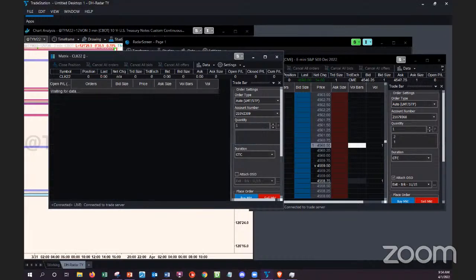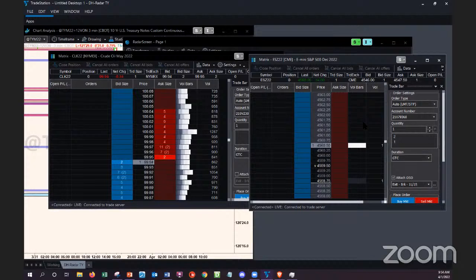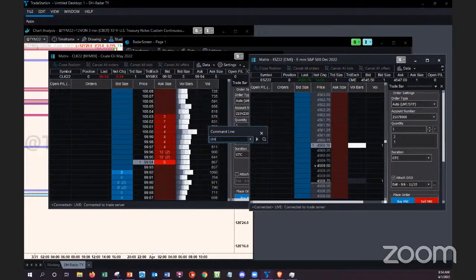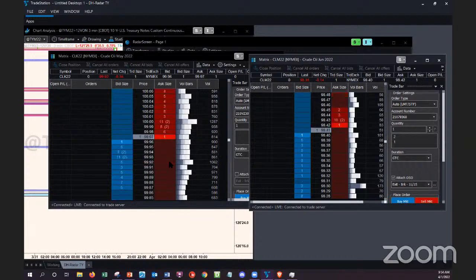CLK22. There we go. So the next contract is going to be M. Okay. So here we're at 98.38 and here we're at 99.92. So we see a significant difference between the two. So that's kind of where we're at.